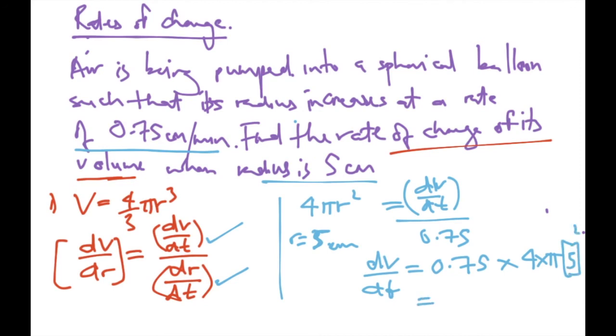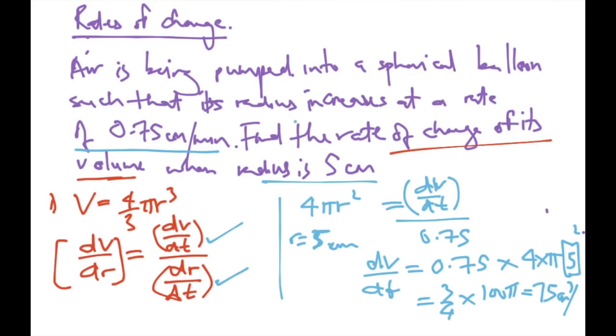The answer is 3 over 4 times 25 pi, which is 100 pi, which equals 75 pi cubic centimeters per minute.